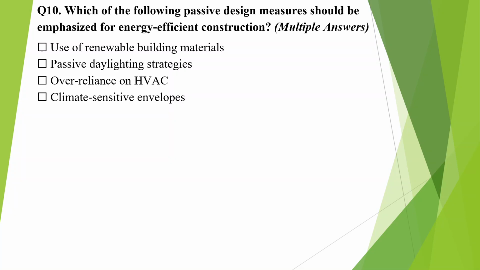So be prepared with the multiple answer type of question as well. This is the pattern of the exam, and similar things have been given to you in your assignment also, so that you can get habituated and practice. Question number 10, let me see how many of you have answered it correctly.